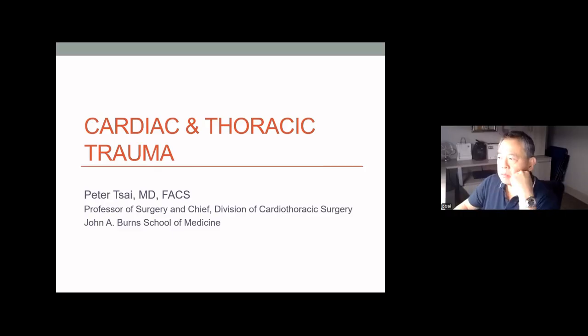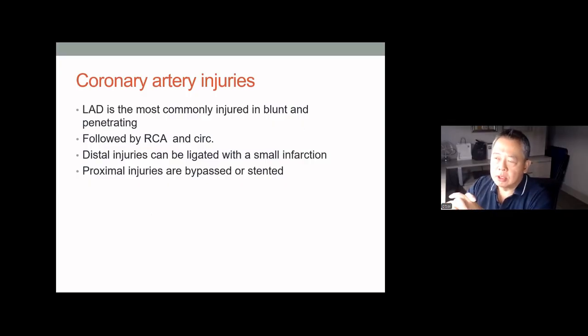All right. So without further ado, the topic on cardiac and thoracic trauma. In general, the slides I placed together, and you might have them in the previous copies, are pretty much the key things that you would be tested on. When people talk about coronary artery injuries, you've got to remember that the LAD is the most commonly injured vessel, both blunt and penetrating.